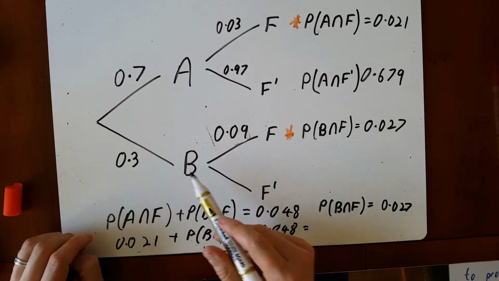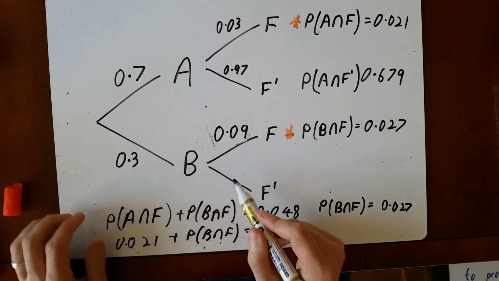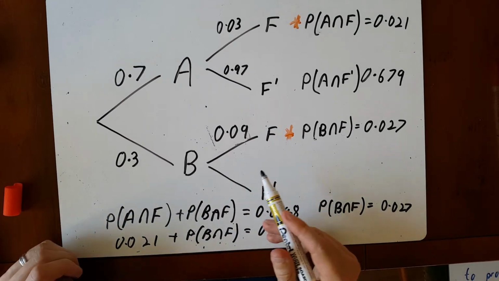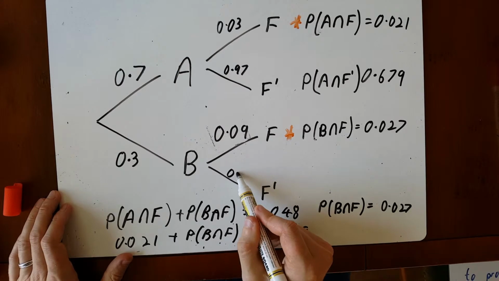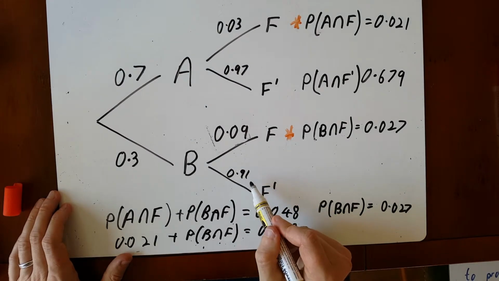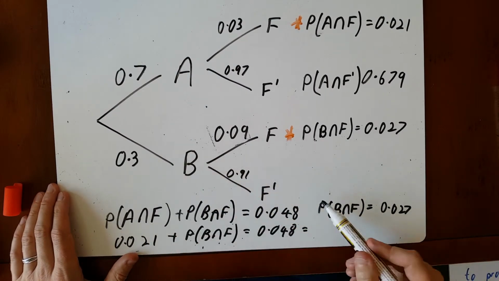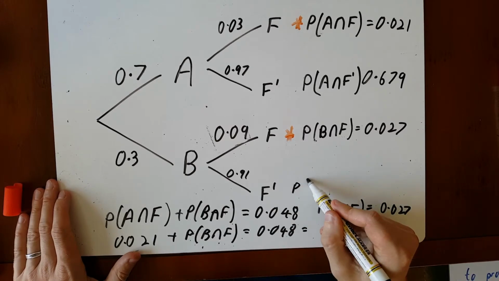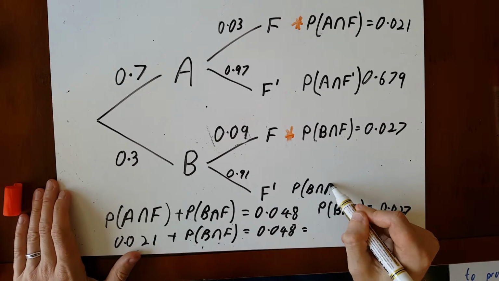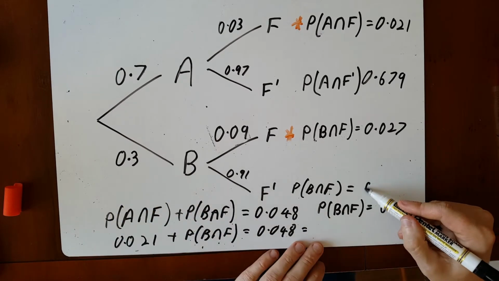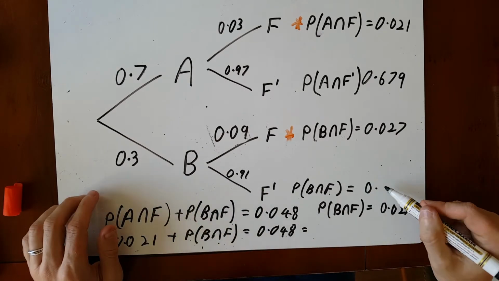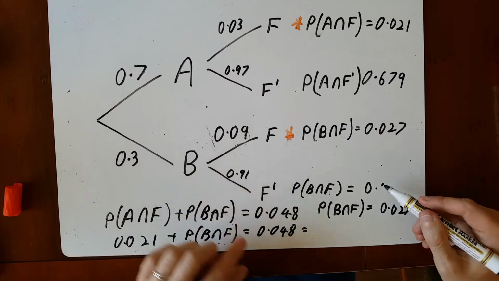Whilst I'm here, I might as well complete my tree diagram because in the exam there'll probably be a part B or C to this question. So I know that that's going to be a 91% chance that it's fine. And then multiplying along here, the probability of B and fine will be... Why can't I do the maths all of a sudden?